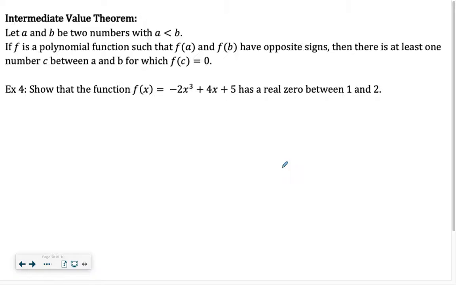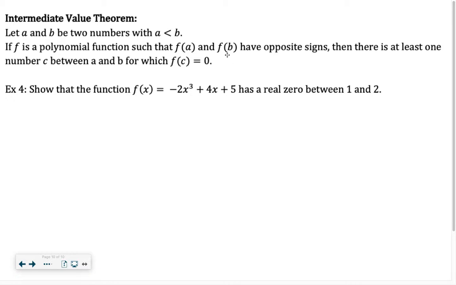All right. The final idea that I want to take a look at is the intermediate value theorem. So this just says that if we have a polynomial function such that when we plug in two values and they have opposite signs, so let's say I plug in 1 and I get 4, and I plug in 2 and I get -3.